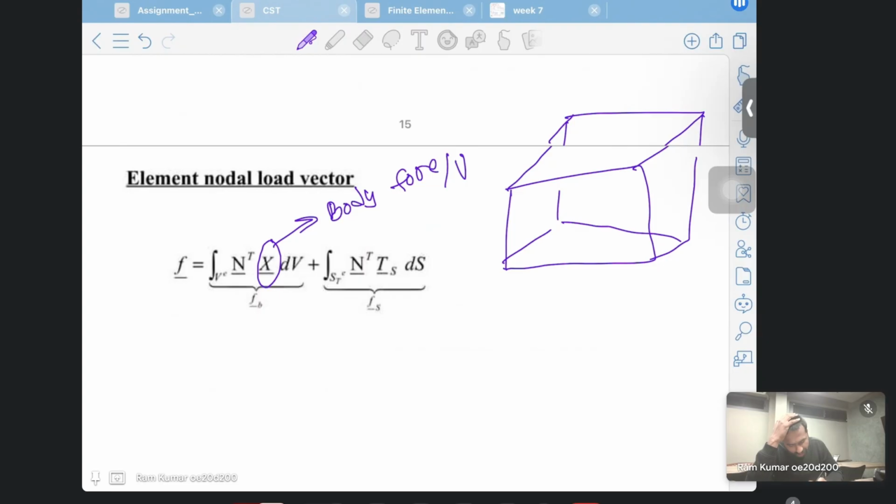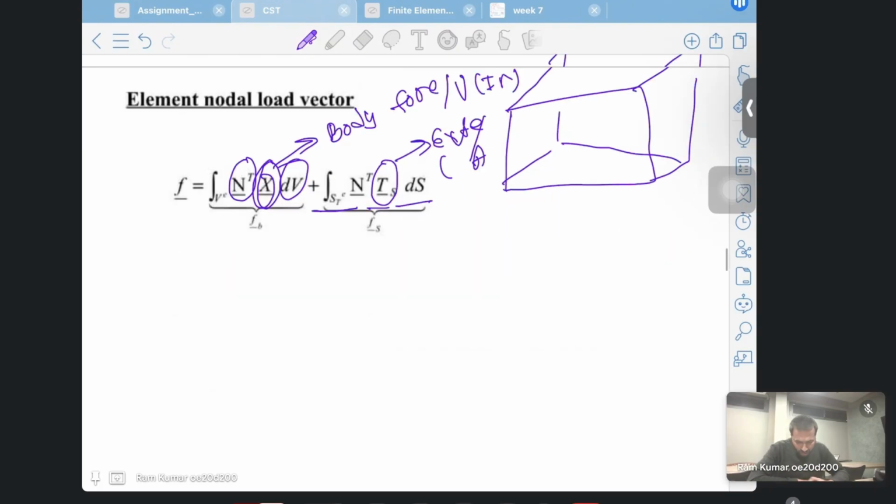This is our body force, or I will say external force, and this is the external force per unit area. If I want to transfer it to any node, what do we have to do? We have to multiply the shape function by the force into volume. Similarly, plus the shape function by the force into area.